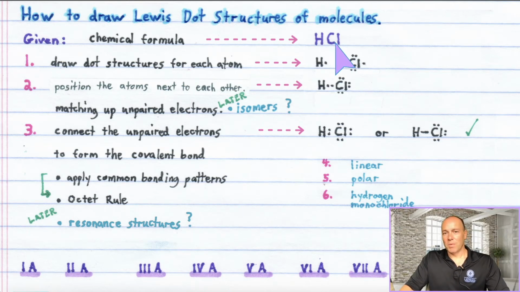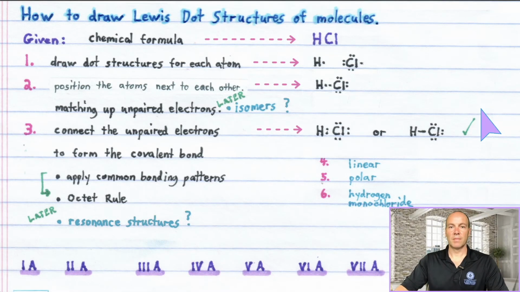But this is a simple formula, and so getting its Lewis structure was not too hard. Now, once you get the Lewis structure, if you want to complete the goal, you will then assign the shape, determine the polarity, and name it. The shape of this molecule is trivial because there are just 2 atoms, and as any 2 points form a line, any 2 atoms form a linear molecule.